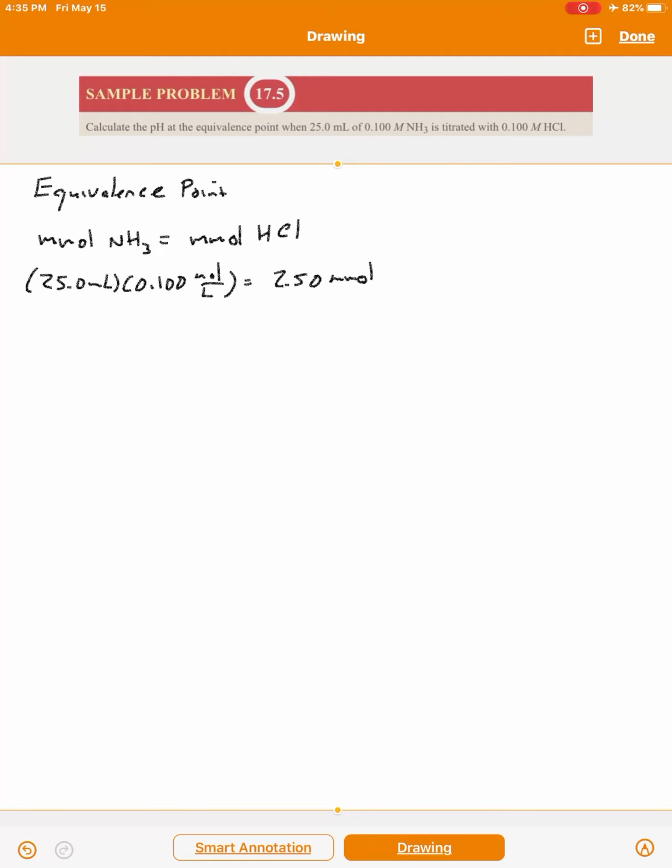Okay, and that would be true for both of them, right? It's the equivalence point. They're equal to each other, so they're both 2.5 millimoles. But that has to be equal to the volume of HCl in milliliters times its concentration.